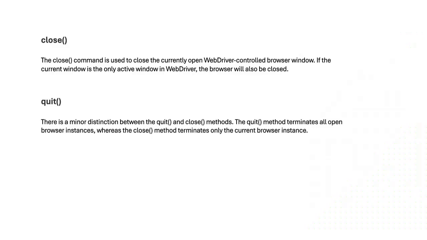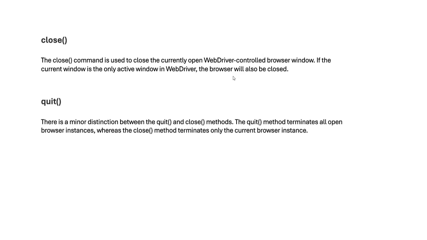Let's start. First, let's understand what is the close method and what is the quit method. Close is a command. It is used to close the currently open WebDriver controlled browser window. If the current window is the only active window in the WebDriver, then the browser will also be closed.